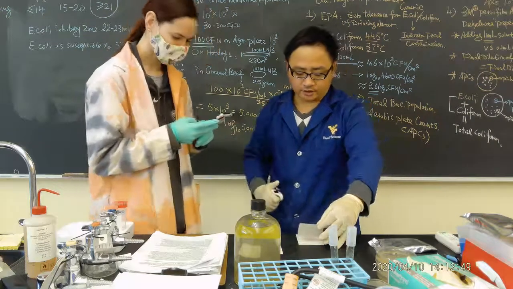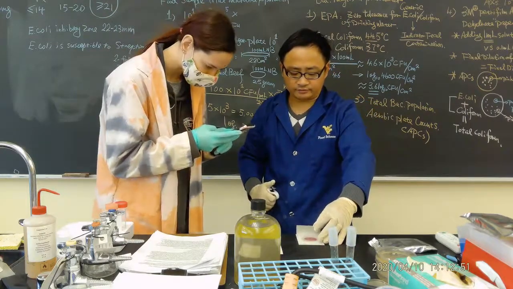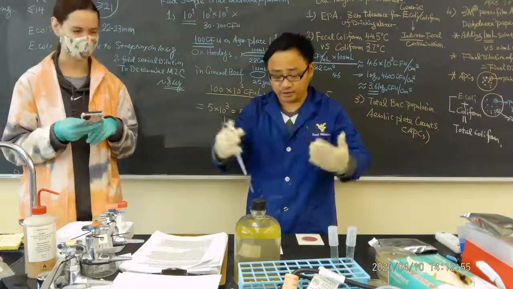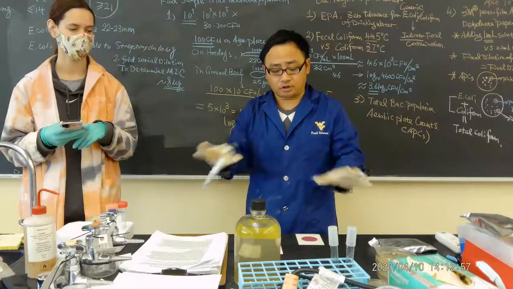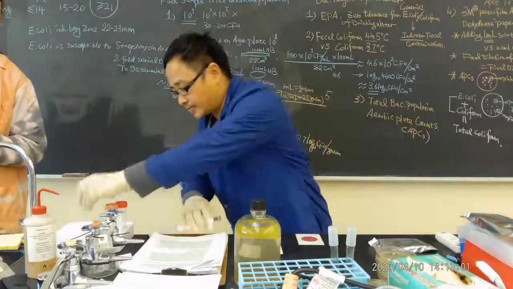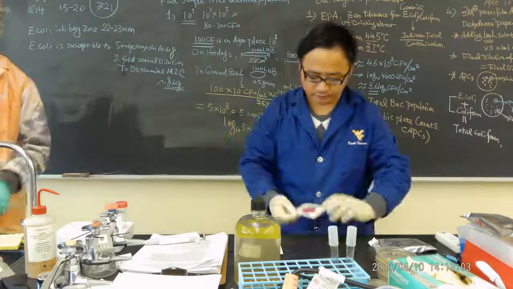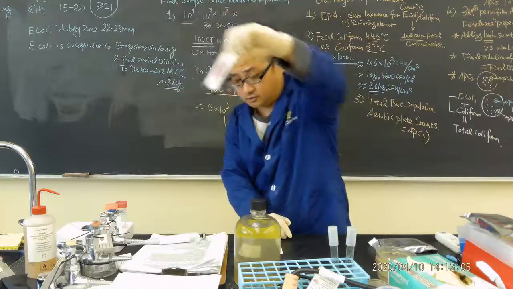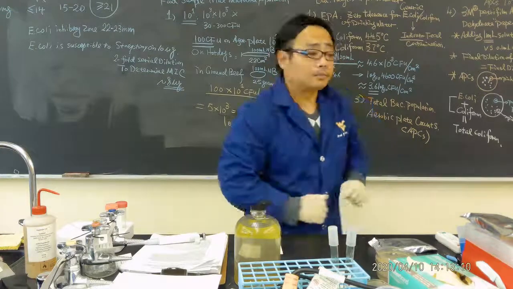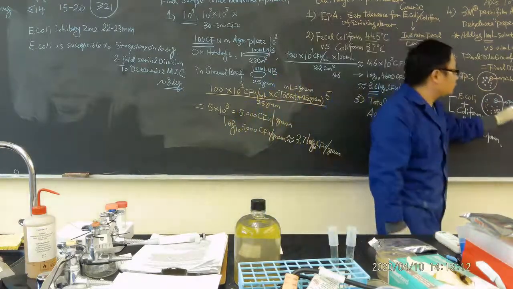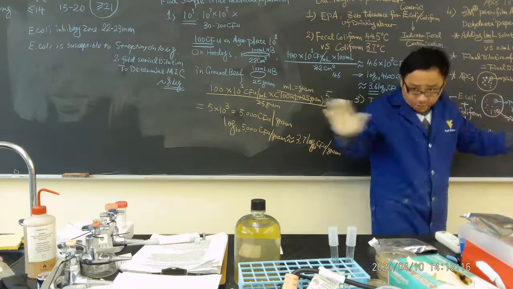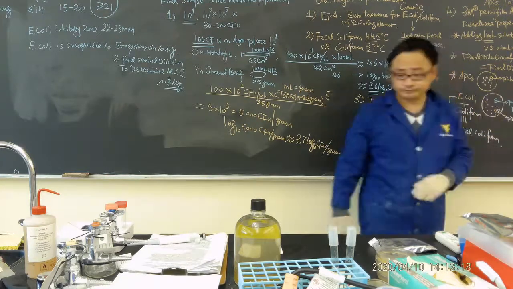Then we gently cover it. Then it will automatically move across the circle and spread evenly. It looks like this. Now make sure there is no bubble there, because we want to see the bubbles generated by the E. coli. If you create a bubble there, it's very confusing. So there's no bubble there.